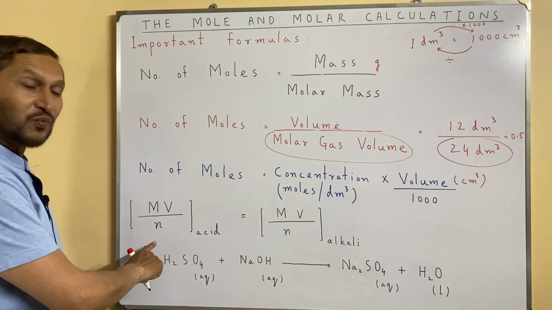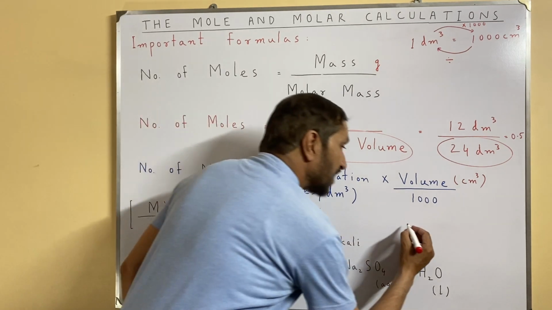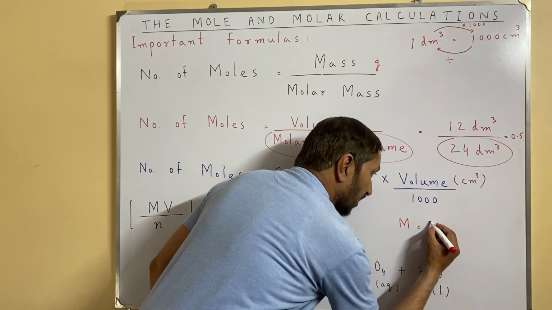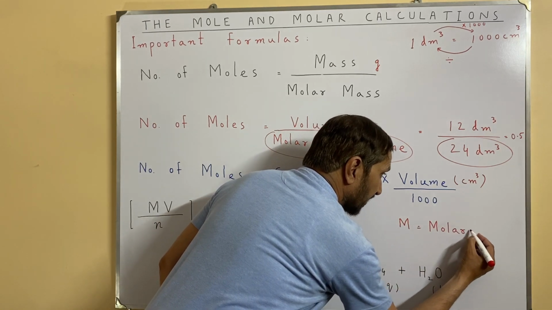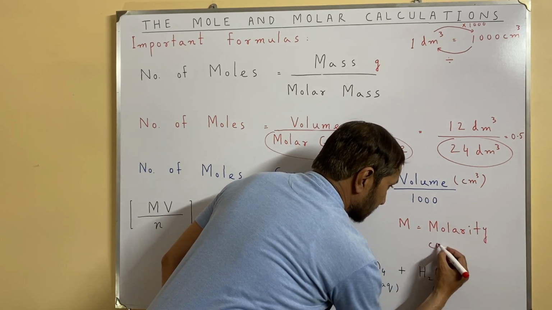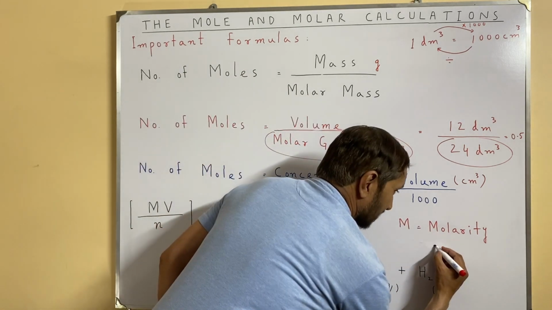And the fourth formula is MV, where M stands for molarity. M stands for molarity. It is the same thing as concentration, and its unit is moles per cubic decimeter.